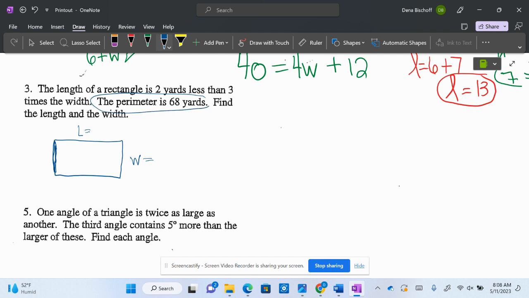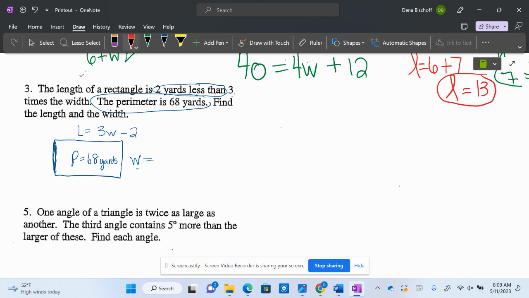What do we know about the perimeter? So P equals 68 yards. Okay. It says the length is 2 yards less than 3 times the width. 2 yards less than 3 times the width. 3W minus 2.